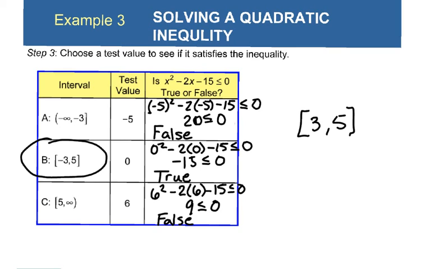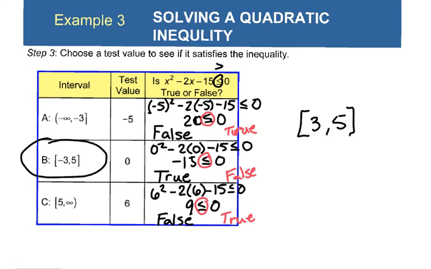Now, let's just change it up a bit because I don't have another example of a quadratic inequality. Say that this symbol right here was a greater than symbol, or even a greater than or equal to symbol. It would change all of these others then to the opposite. And our solution then for that one would be that this one would be true, and then this one would end up being true, and this one would end up being false.